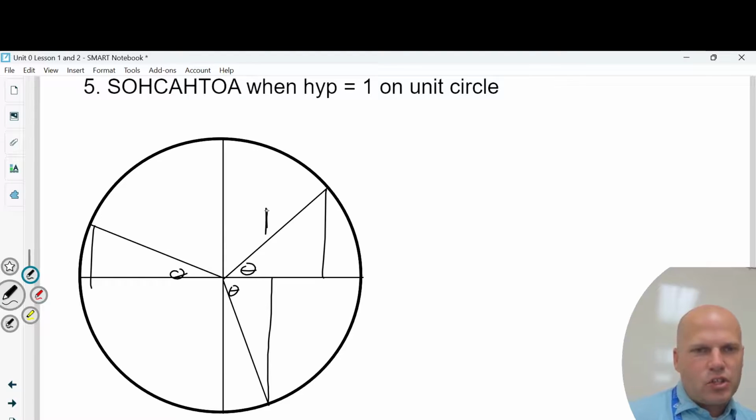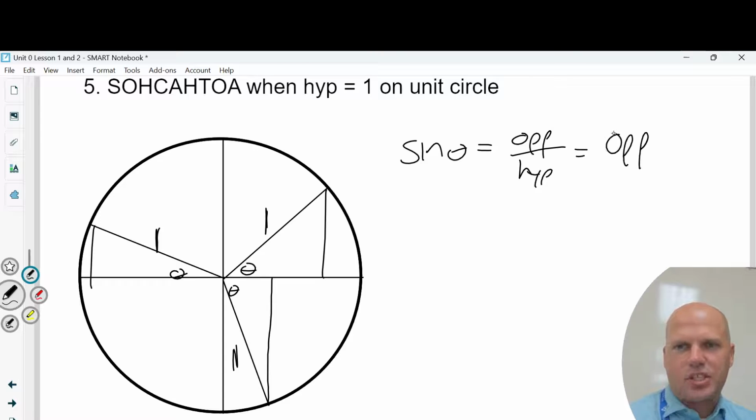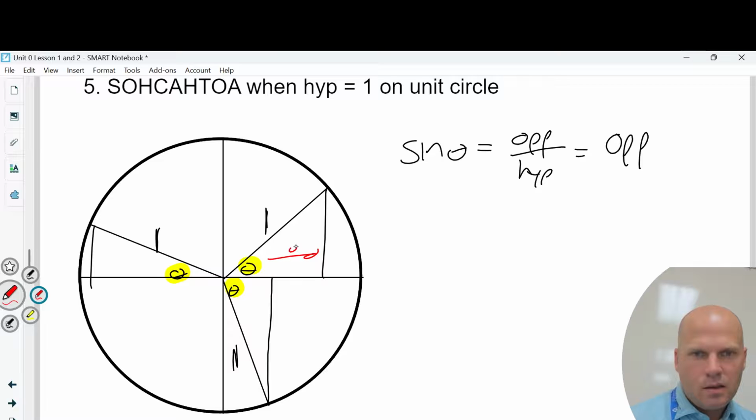Well, if the hypotenuse is always 1, what we realize is the sine of our angle is just going to be the opposite side divided by 1. Well, if you divide by 1, nothing happens. Well, if the angle that we're referring to is always this reference angle with the x-axis, the opposite side is always this vertical length.